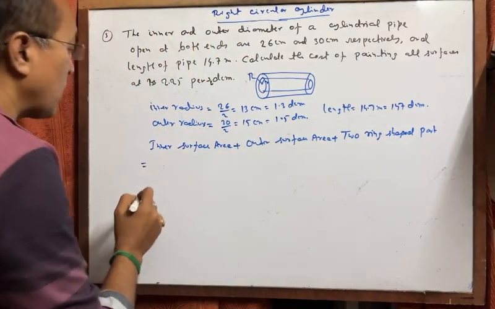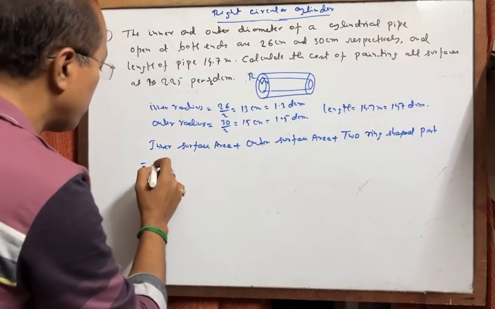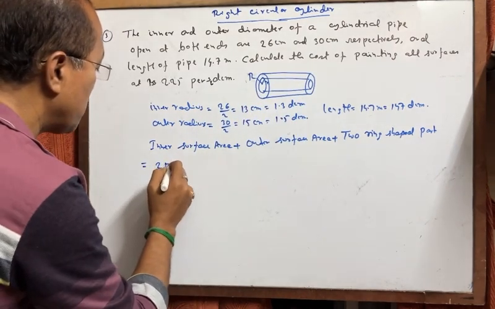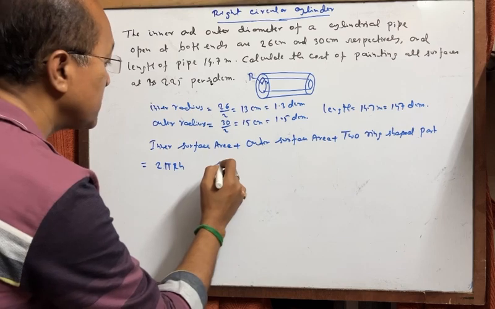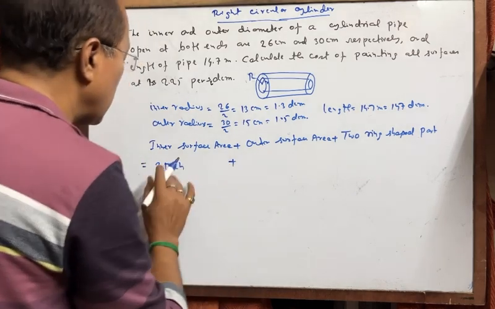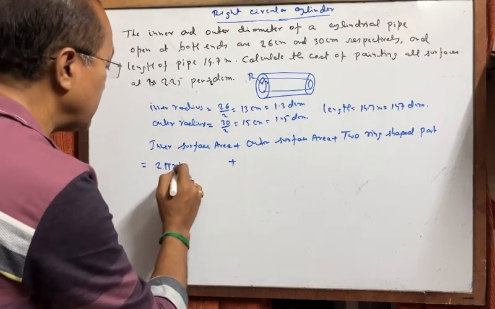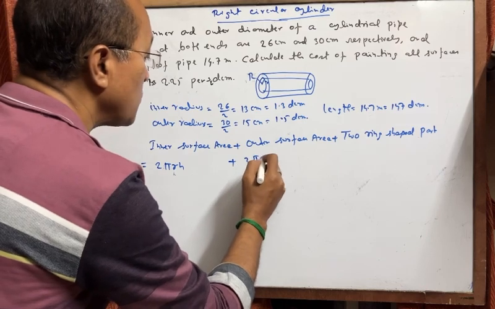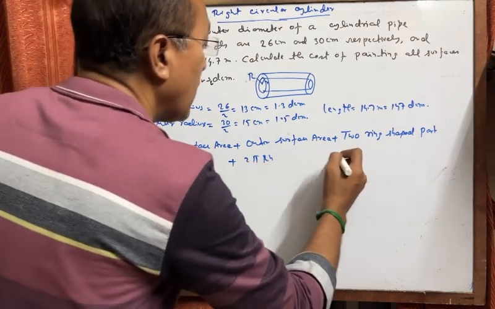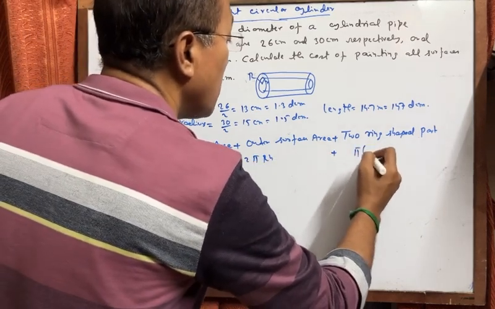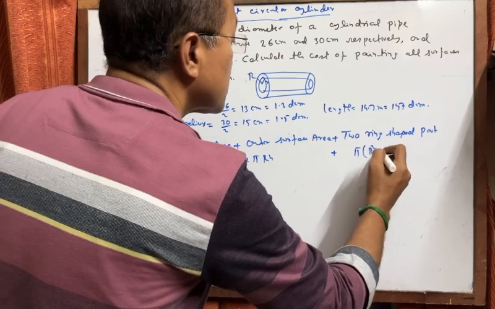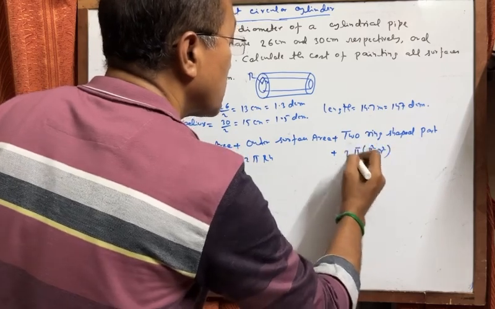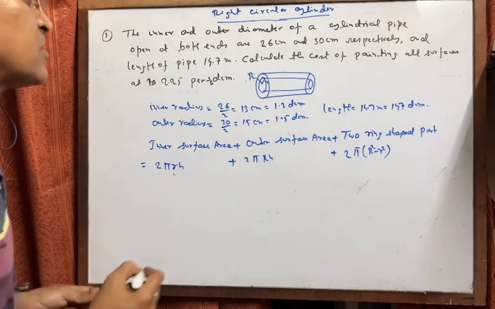So that is equal to outer surface area is 2 pi capital R H. Inner surface area is 2 pi small r h. And ring shaped part is pi capital R square minus small r square into 2. Try to understand.